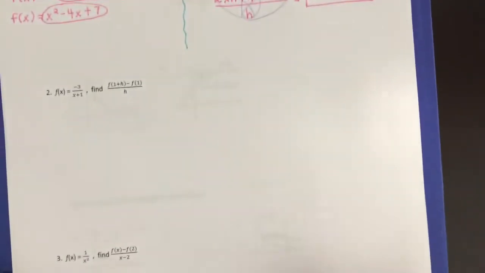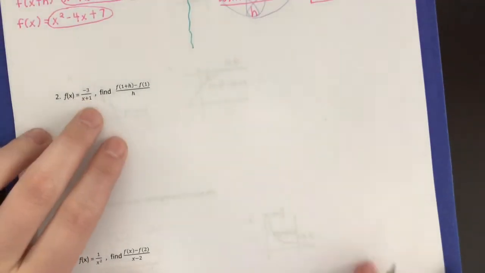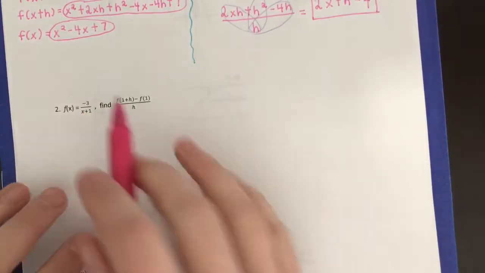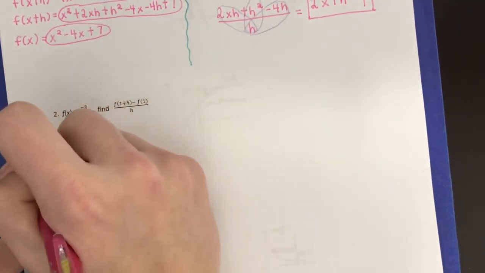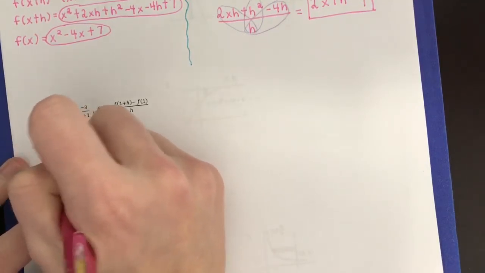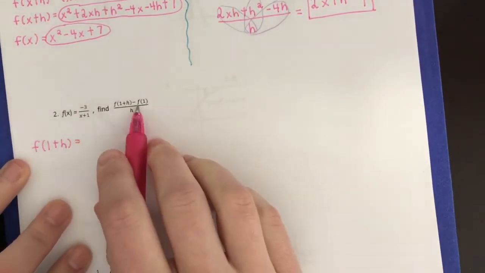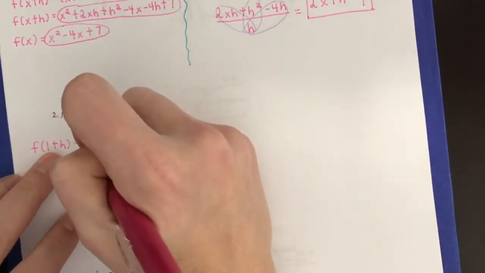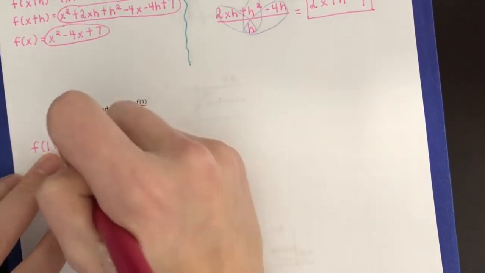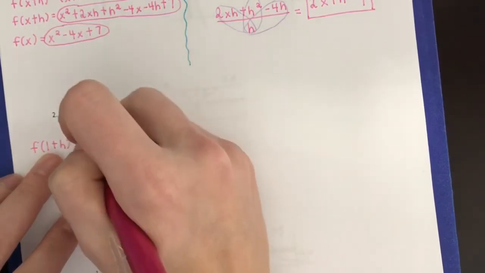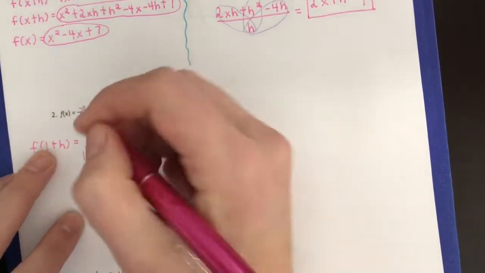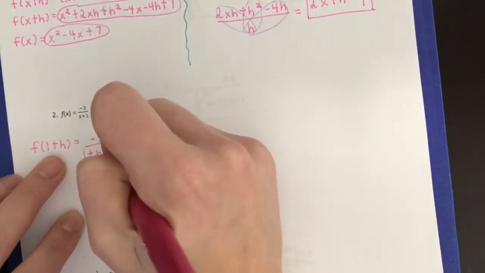Okay, number 2. Given f of x equals negative 3 all over x plus 1, find f of 1 plus h minus f of 1 all over h. So f of 1 plus h would equal negative 3 over, here I don't really need parentheses to plug in, nothing's being multiplied to that x, so 1 plus h plus 1.